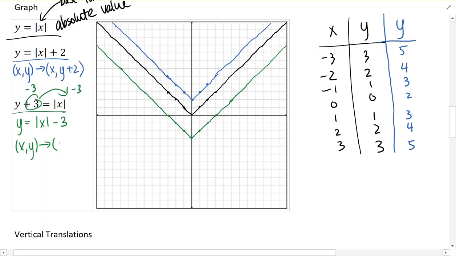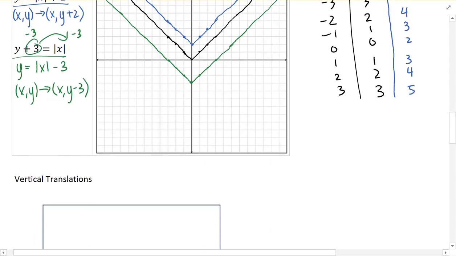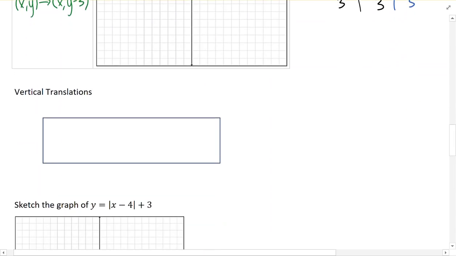X again did not move, but y did move down by 3. So that's what the mapping would look like for these 2 graphs. Okay, moving on. Since we move things up and down, this is vertical translations.